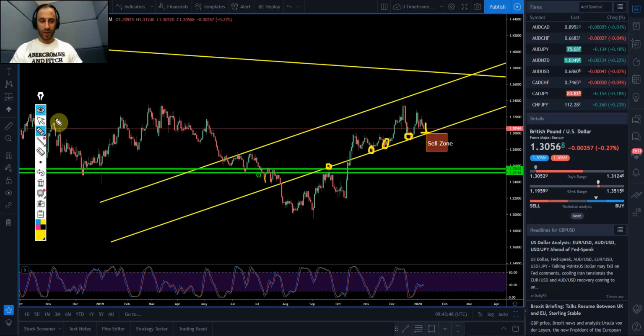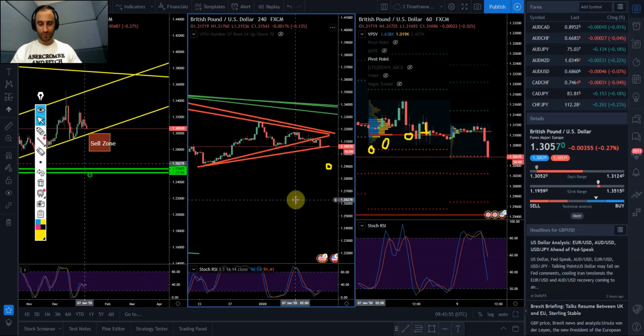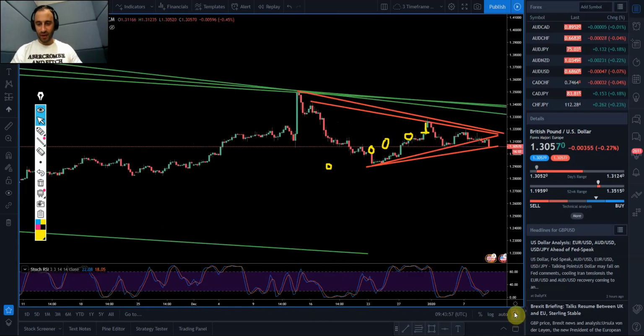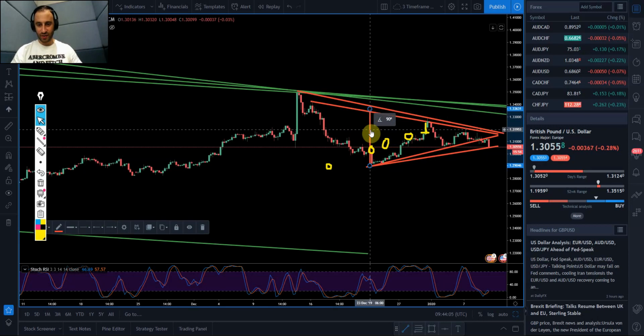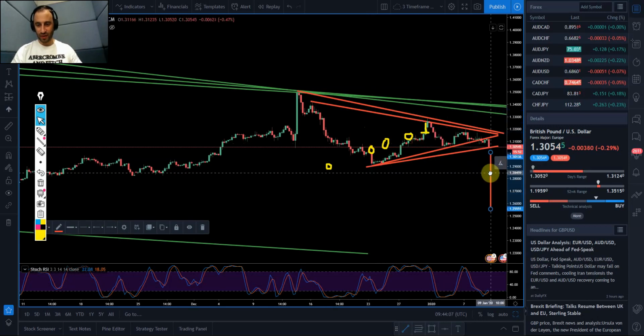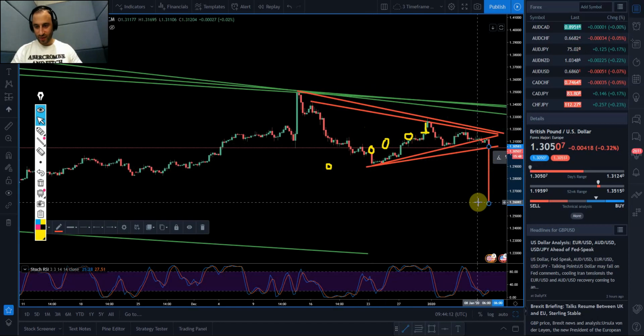So if we go back to this triangle, if you played this as the textbook trade, your target is going to be approximately, let's say somewhere down here, around 126.